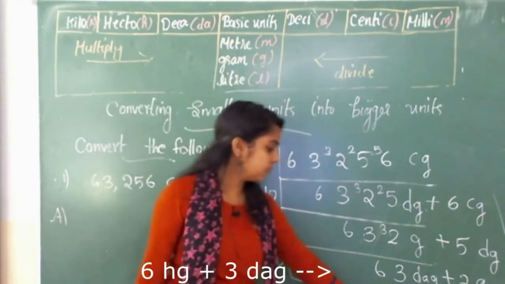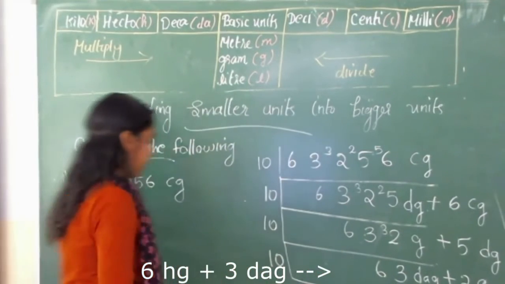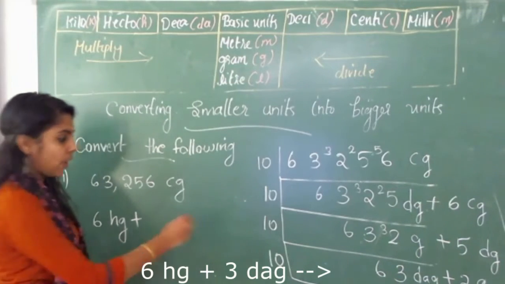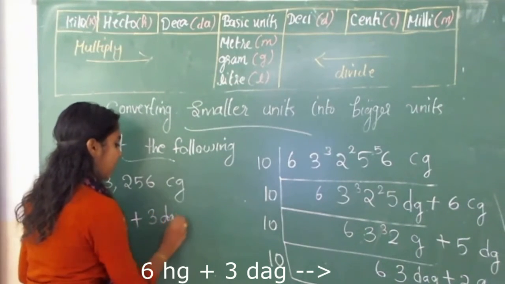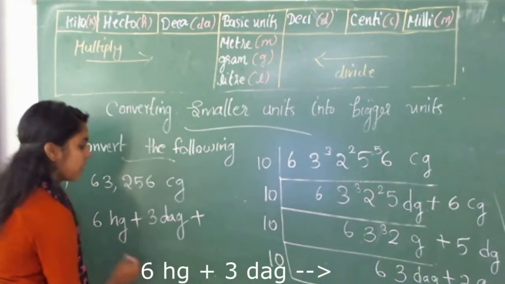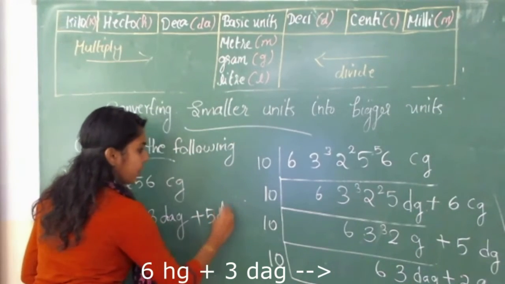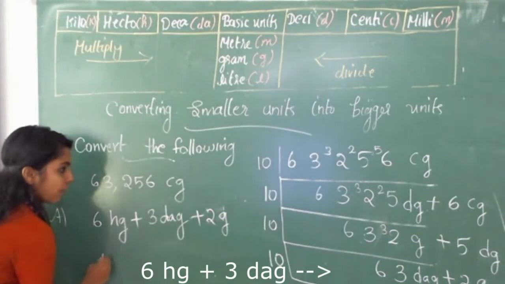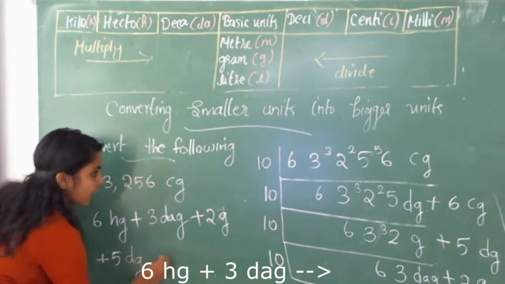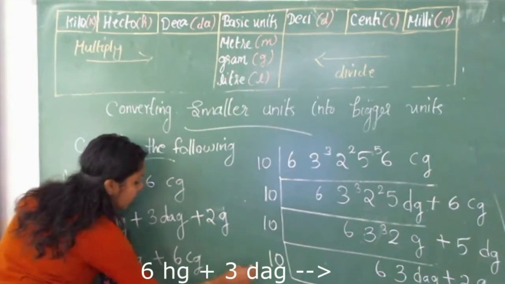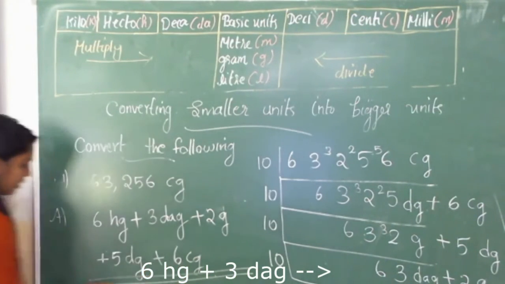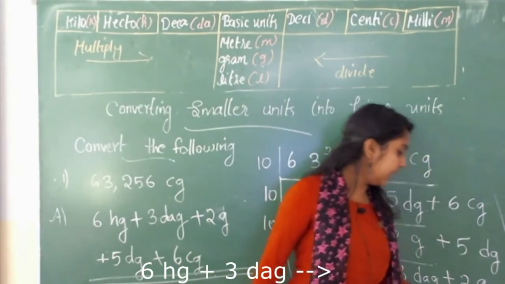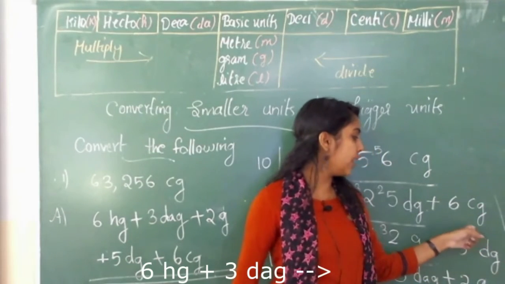From where will we start? 6 Hg, hectogram, plus next one 3 decagram plus 2 gram plus 5 decigram plus 6 centigram. 6 hectogram plus 3 decagram plus 2 gram plus 5 decigram plus 6 centigram.